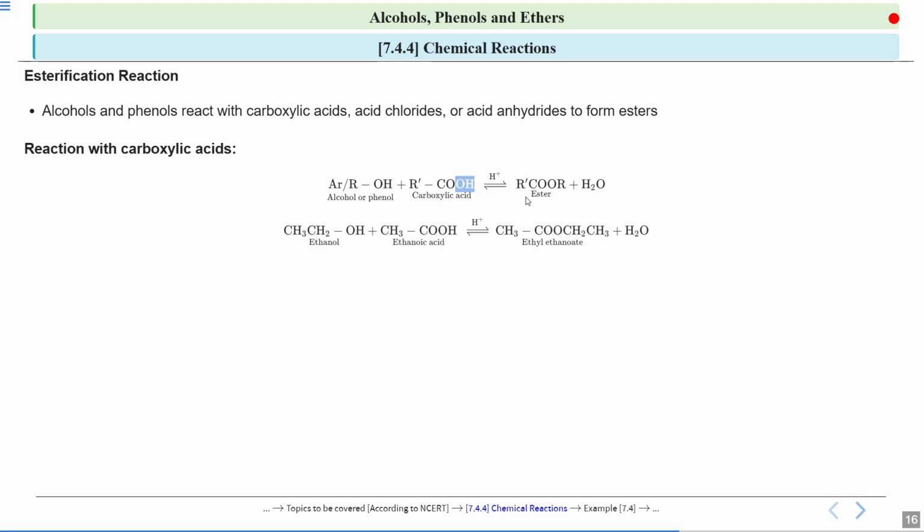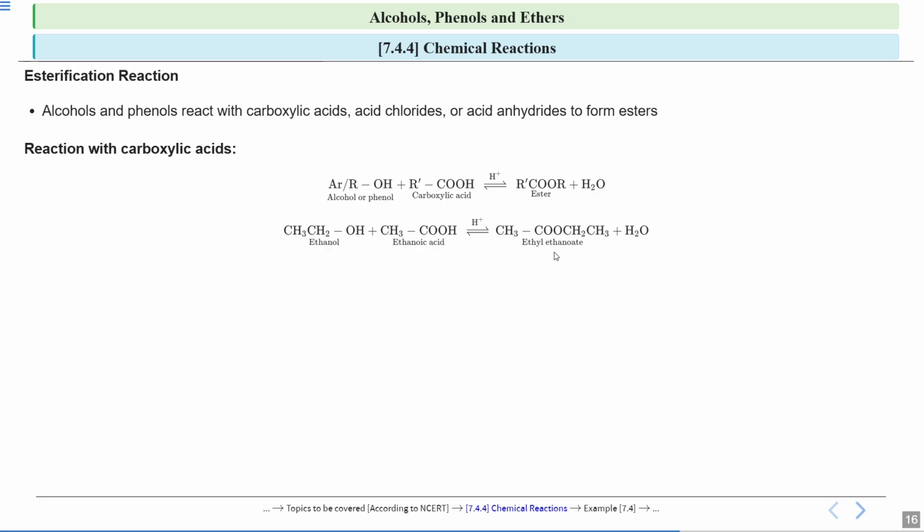See, this is ethanol, which is an alcohol, and this is ethanoic acid, which is a carboxylic acid. When this reacts, the hydrogen from here and OH from here will leave. So see, this H2O is leaving. Now this CH3COO and this CH3CH2 group, the alkyl group of the alcohol, get attached. So you will form ethyl ethanoate, that is, an ester will be formed.